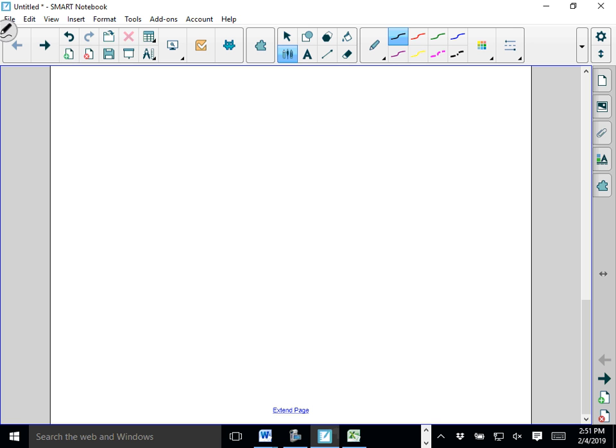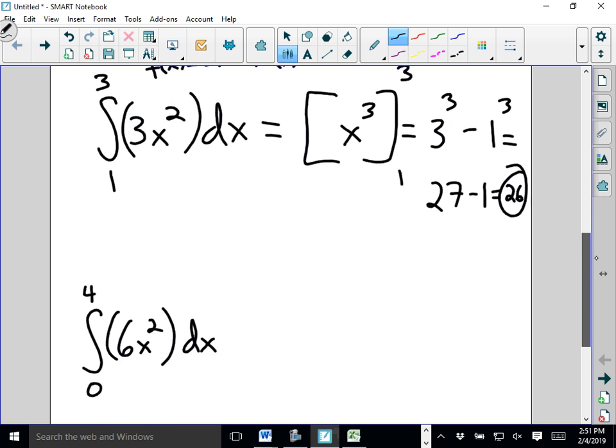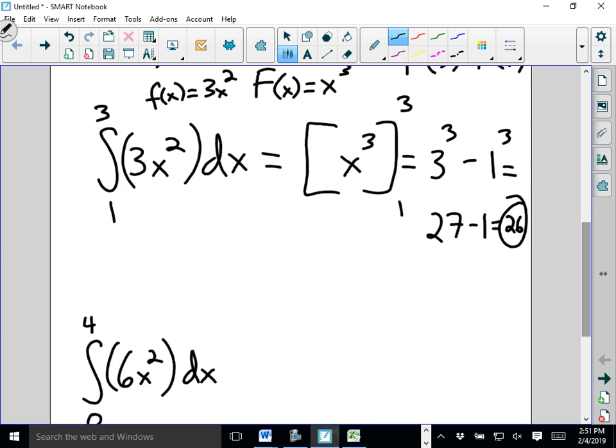Let's try the integral from 0 to 4 of 6x squared dx. Oh, by the way, here's the interesting thing. Before you do that one, I just want to show you that it really can be any antiderivative. Let's say instead of using x cubed, I wanted to use x cubed plus 1 as my antiderivative.